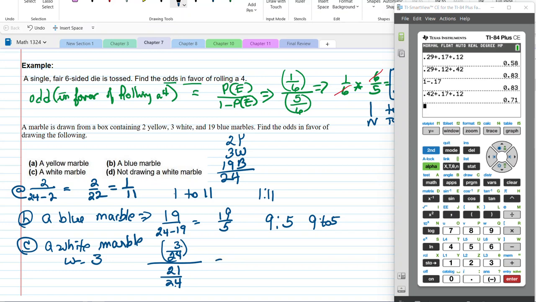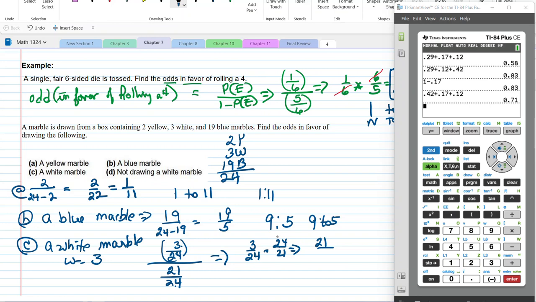So this means I'm going to do a keep, change, flip. That gives me, what's that give me? 21 over 24. Sorry about that.